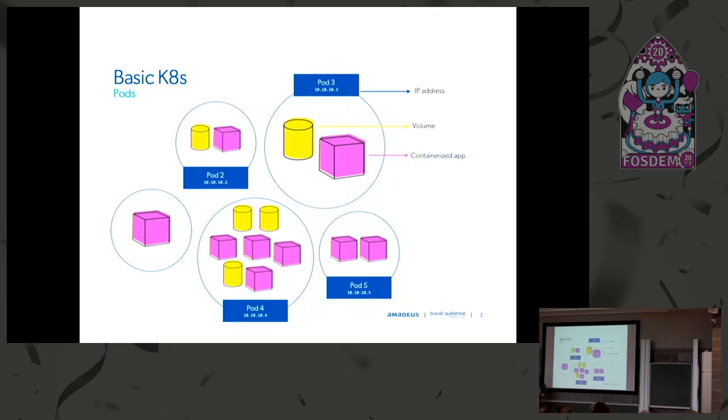Preferably it's just one container, but there's no restrictions. You can have volumes with data in them, or not, as you like. There's networking capabilities that Kubernetes provides you. And this is your basic concept of what you want to do with Kubernetes: run your application in a Docker image. Doesn't have to be Docker either, but primarily it is.